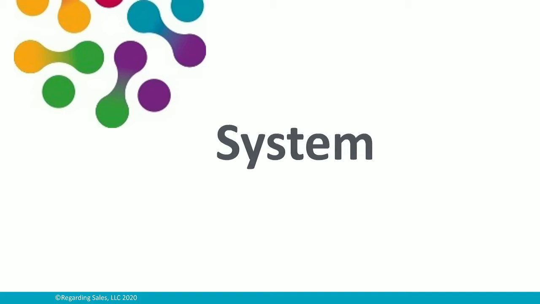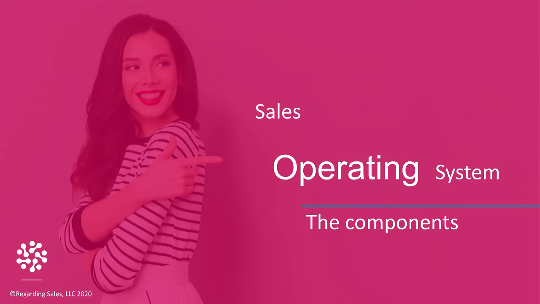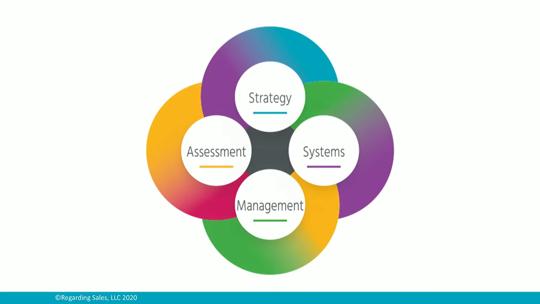No surprise. So let's dive in and talk about the components of a sales operating system. There are a lot of different ways you could break this down, but I'm going to ask you to bear with me and think about it the way I think about it. I think there are some critical pieces to a sales operating system.